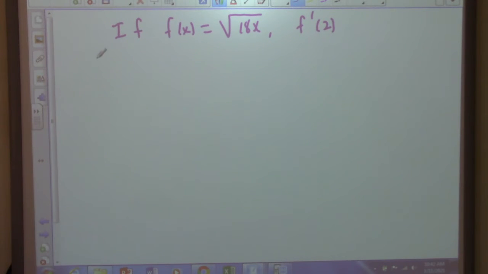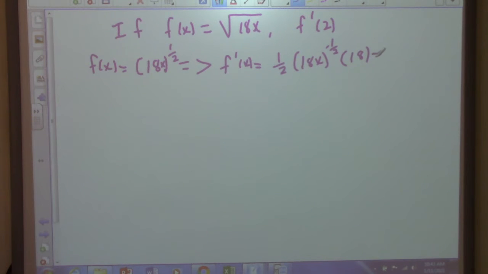Okay, so this is going to be f of x equals 18x to the 1/2 power. So if f of x equals 18x to the 1/2 power, then f prime of x is going to be equal to 1/2 times 18x to the negative 1/2 power times the derivative of the inside, which is 18.